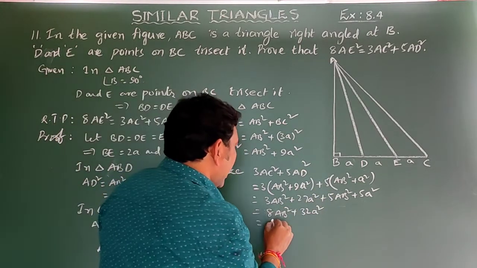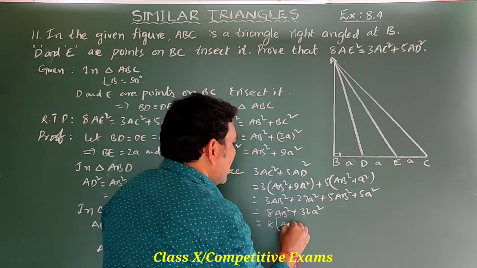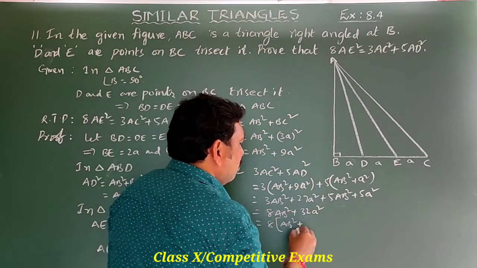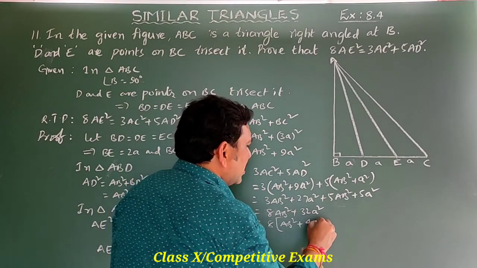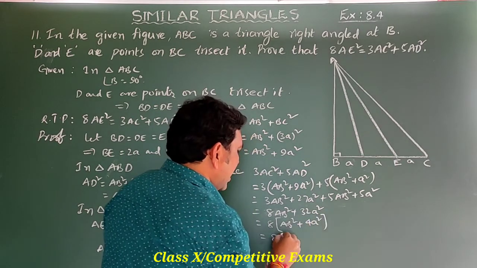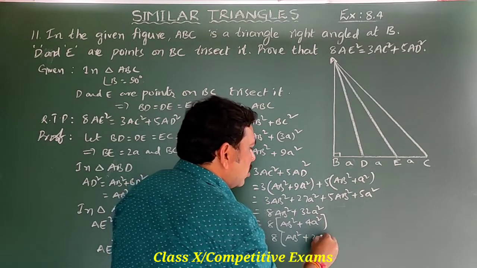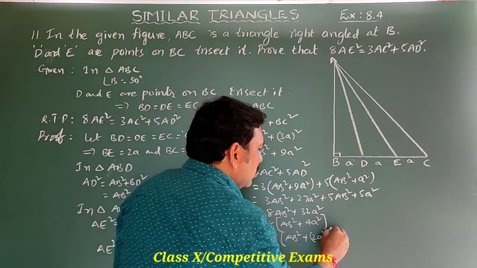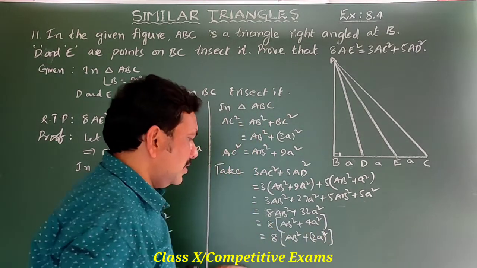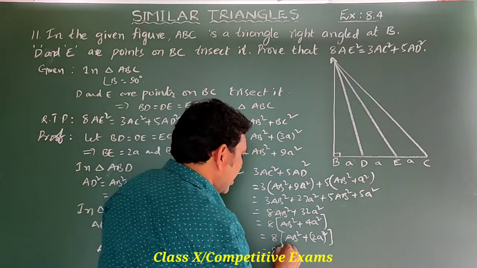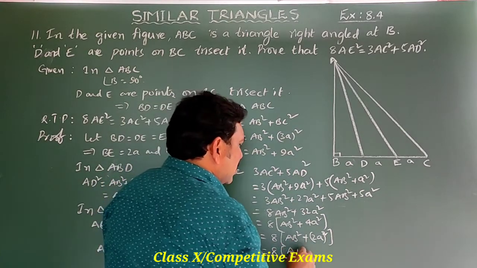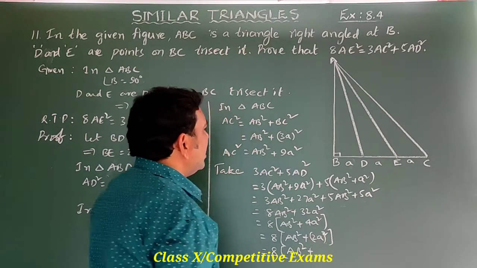Look here, if you take 8 common, 8 into AB square plus 4a square, since 32 is 8 times 4. How can you write 4a square? As 2a whole square. That is equal to 8 into AB square plus 2a whole square.